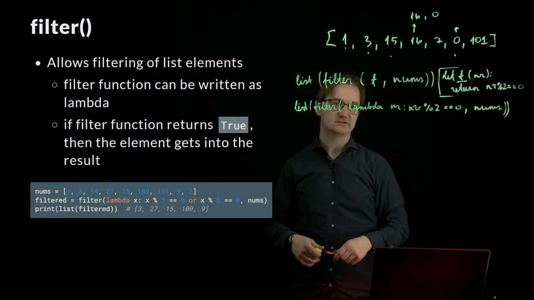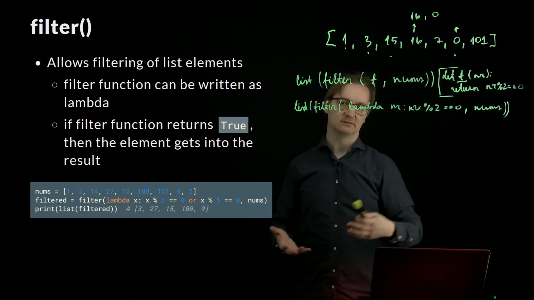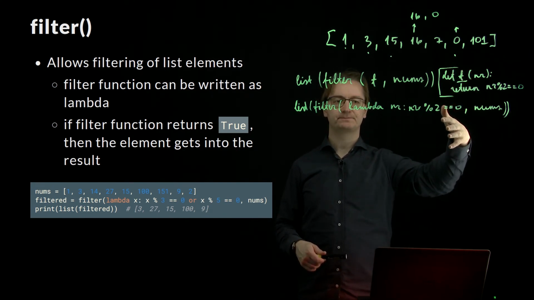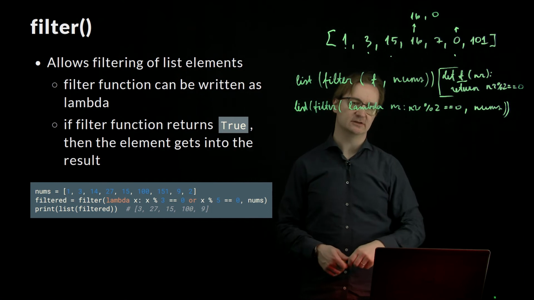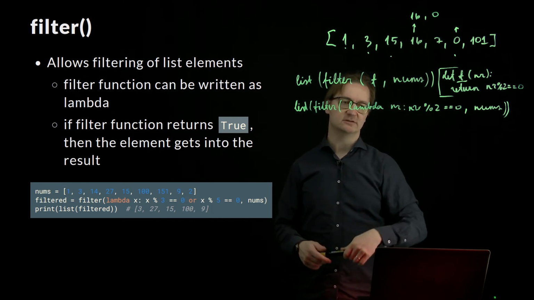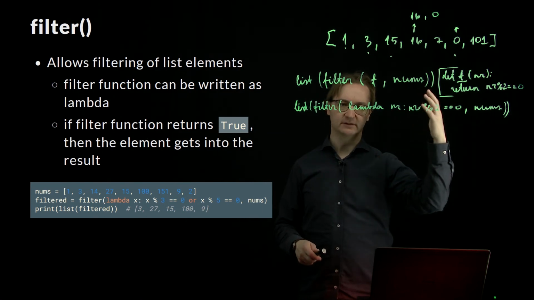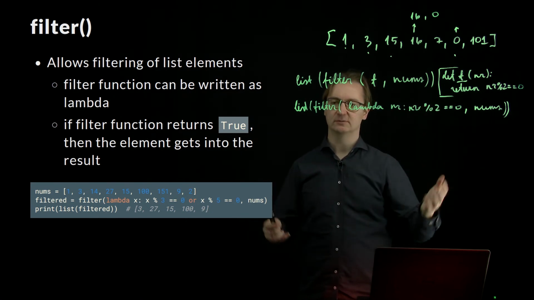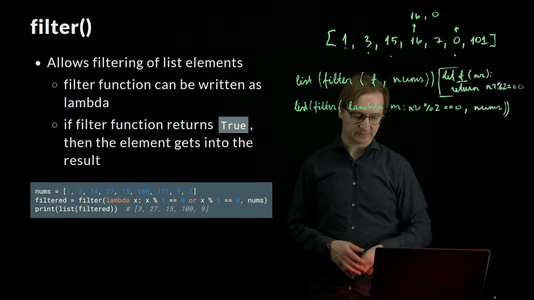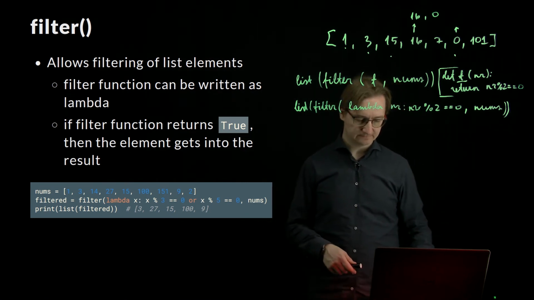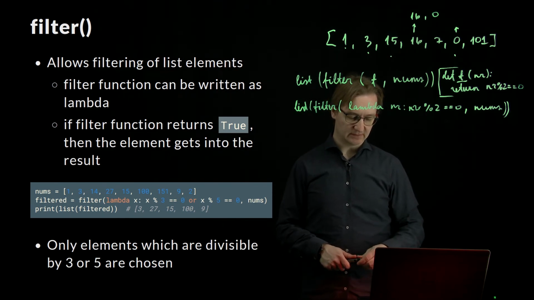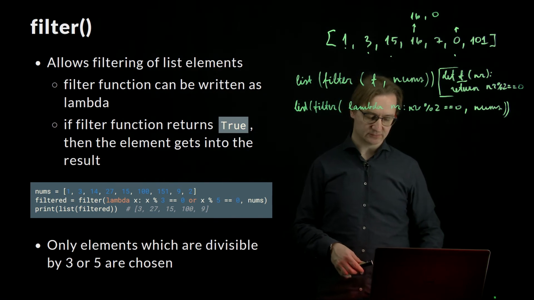Of course, if it's a lot more complex, maybe 10 lines of code, then it's hard to write it as lambda. But often those filters are quite easy. You take elements by the number, or, I don't know, by the length of the string or something like that. Currently only elements which are divisible by 3 or 5 are chosen.